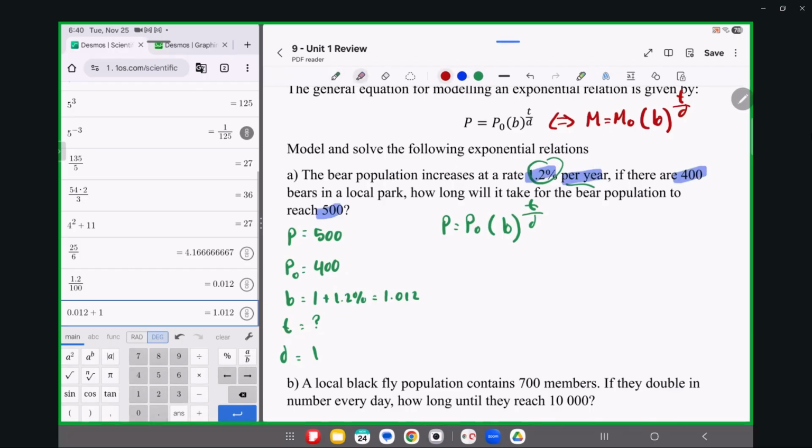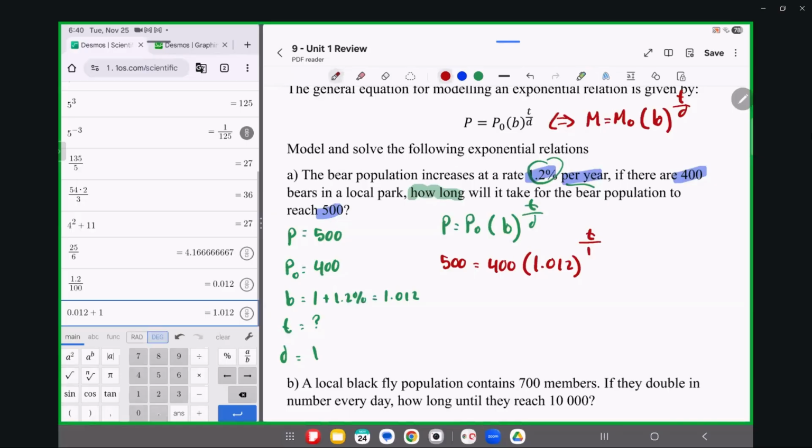So these questions will give 5 pieces of information in order to solve these. So setting up the equation, we end up with 500 is equal to 400 multiplied by 1.012 to the power of t over top of 1.